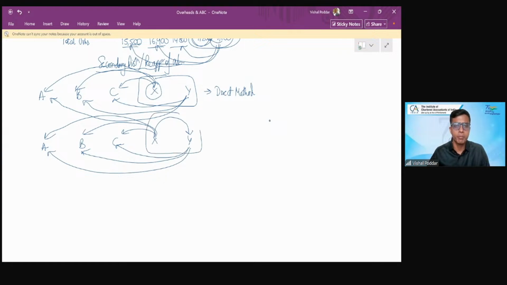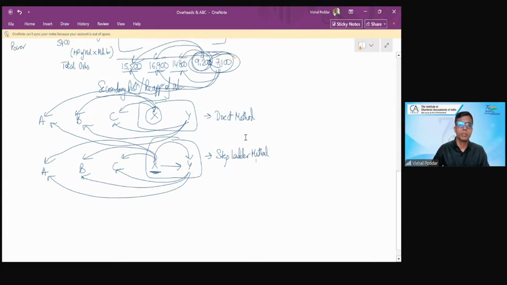So the second type of possibility that may come in the exam problem is one service department is giving to another, but the other one is not giving back any service to the first one. When this type of example comes, we use the method called the step ladder method.